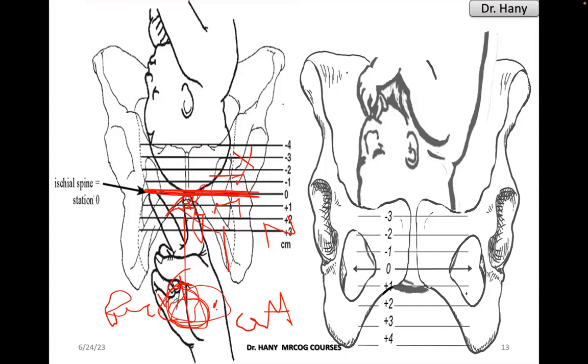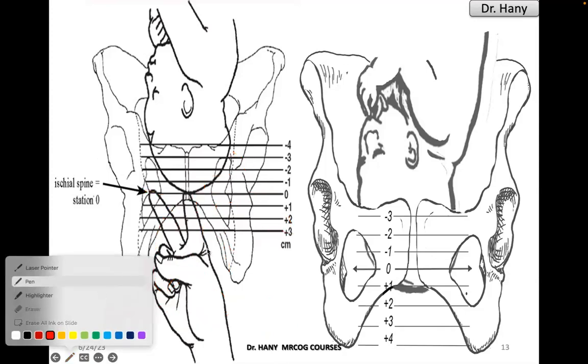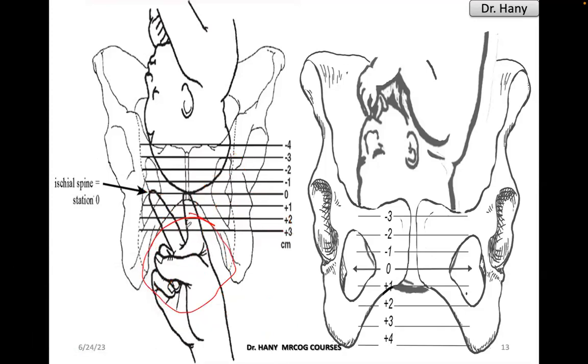Non-rotatory if the occiput is here. This is the occiput, anteroposterior. Sinciput is here and the occiput is here. So if the head is like this, this is the triangle of the occiput, and this is the rectangle of the sinciput, and this is the sagittal diameter. This is in the middle way, in the anteroposterior diameter.